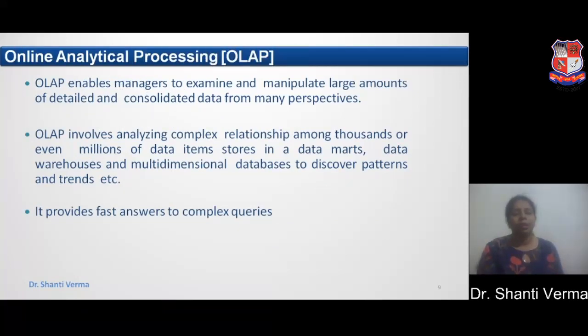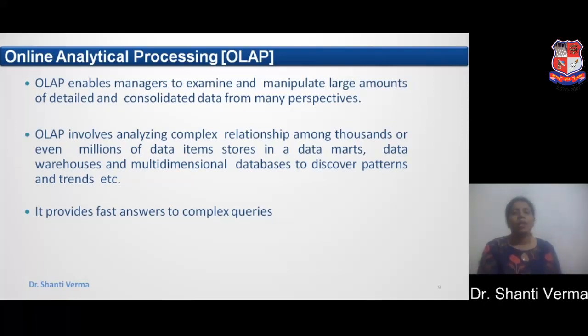Now let's discuss OLAP. The full form of OLAP is online analytical processing. OLAP enables managers to examine and manipulate large amounts of detailed and consolidated data from many perspectives. So it is one type of database analysis.